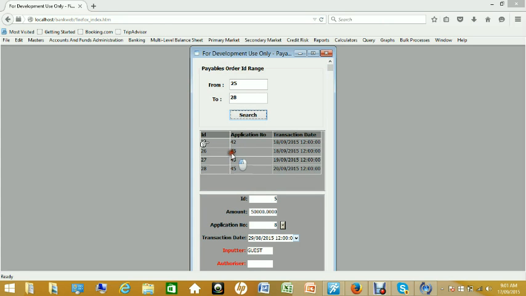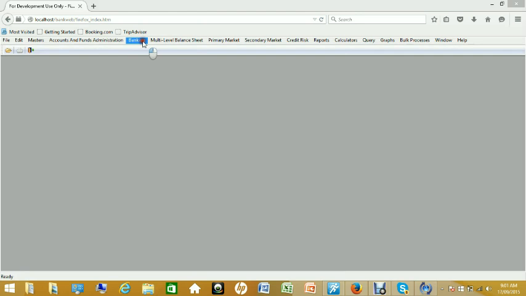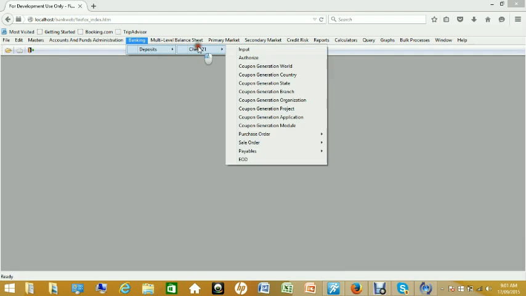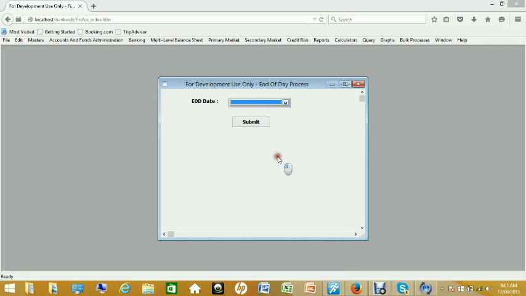So here it is 26, 27, 28, application number 45. So let's generate EOD now. We need to generate EOD for the 3 dates.